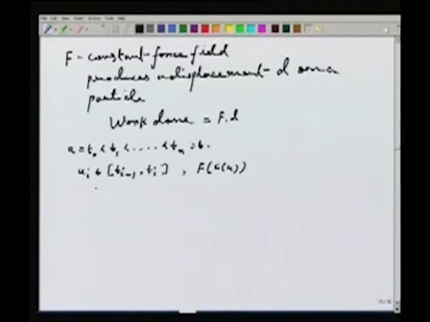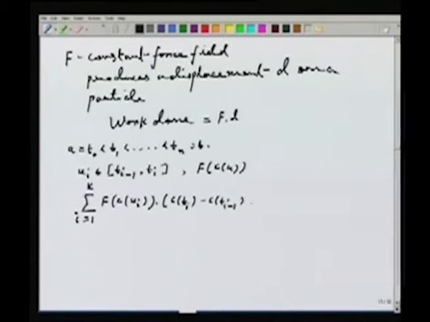Then I can look at this Riemann sum, summation i from 1 to k of f of C(ui) dot the vector C(ti) minus C(ti minus 1), which equals the summation of f of C(ui) dot delta si.